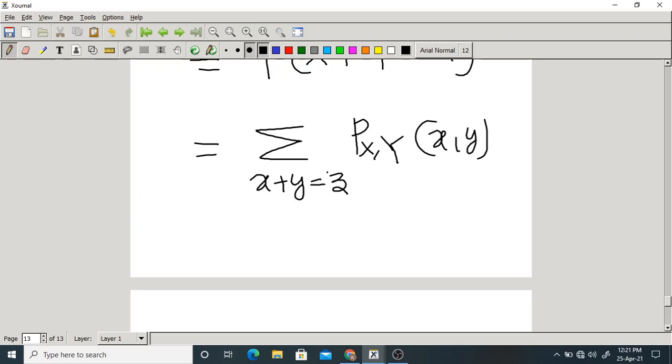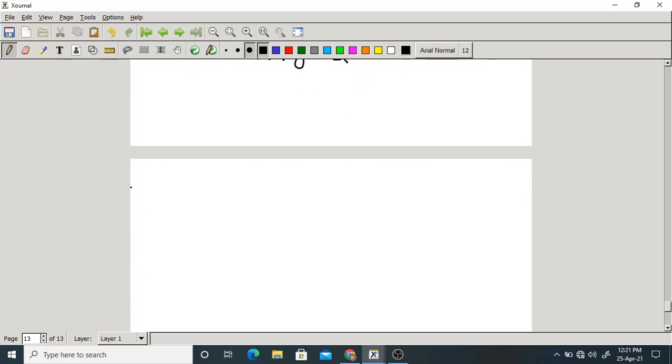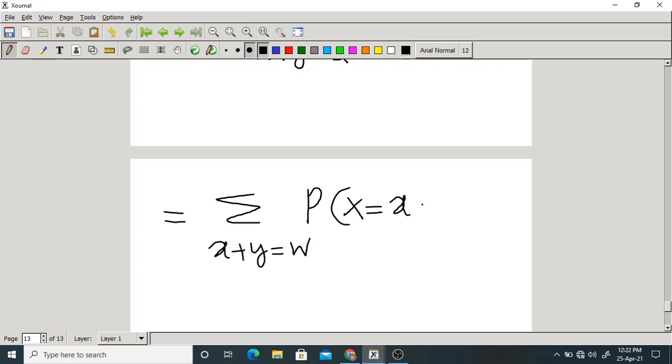So what is the definition of this joint PMF? Probability that X equal to small x and Y equal to small y.